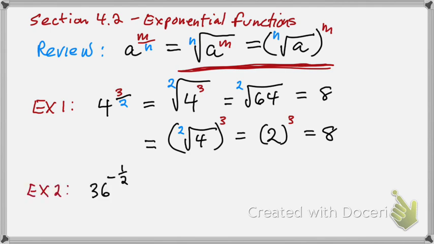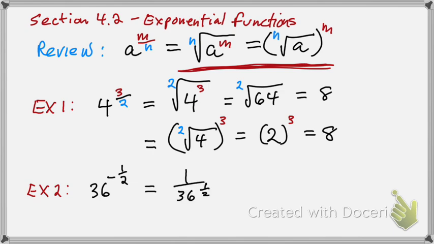All right, let's try this one. 36 to the negative 1/2 power. What's that negative do? What does that force us to do? Put a 1 over it. Exactly. Put a 1 over it.